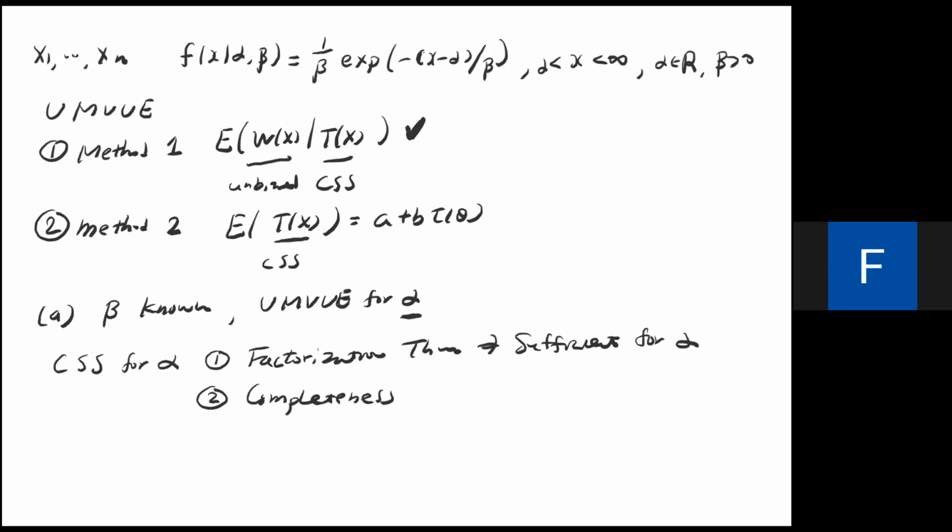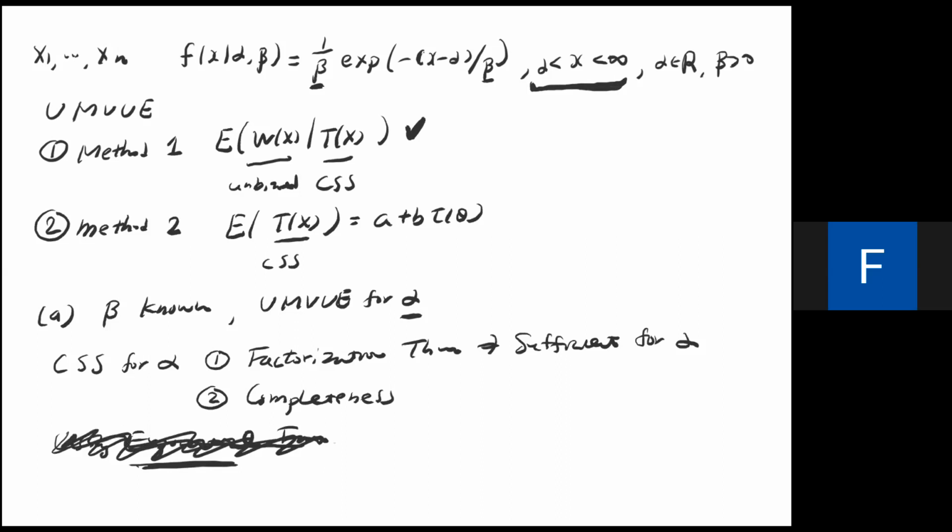One thing you definitely don't want to do is use the exponential family. You should know why I cannot use the exponential family here for alpha. The reason is, with beta fixed, the whole PDF is not an exponential family because your range of x depends on alpha. So forget about using the exponential family.